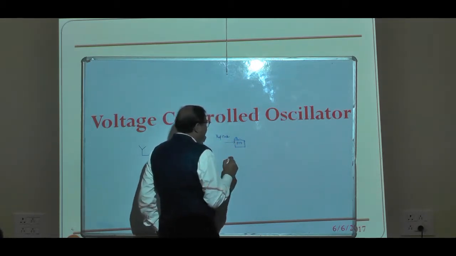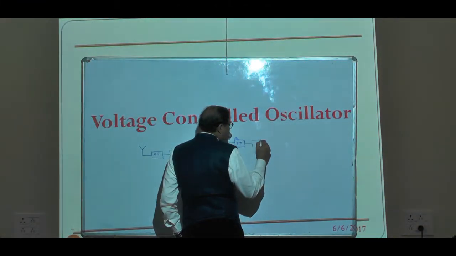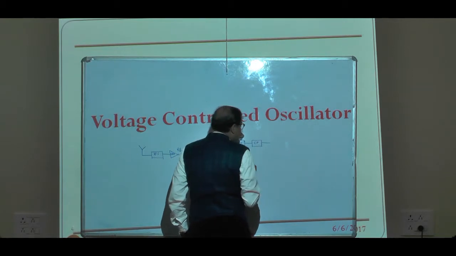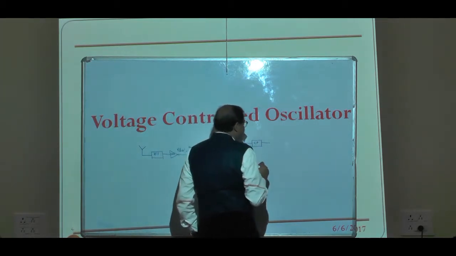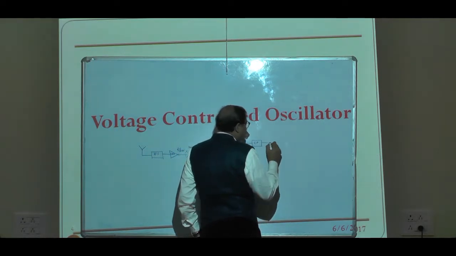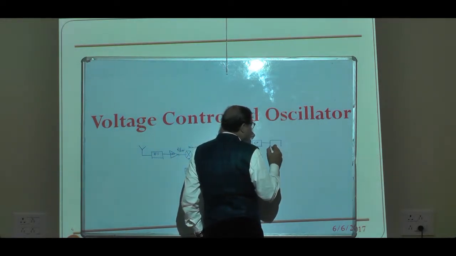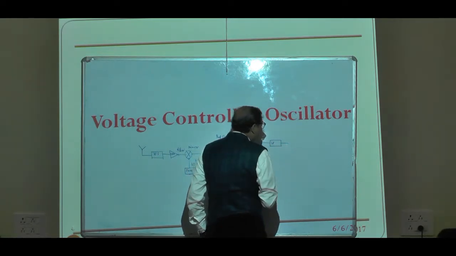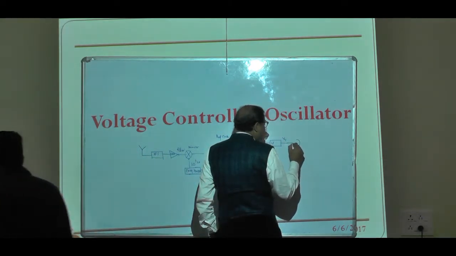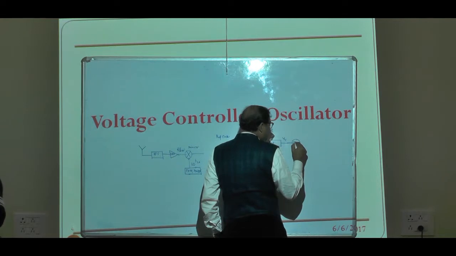And after the PFD, the next block is the charge pump. And the charge pump output, which is the current output, goes to a loop filter. And this loop filter voltage output is a V control voltage that is going to a block called VCO.